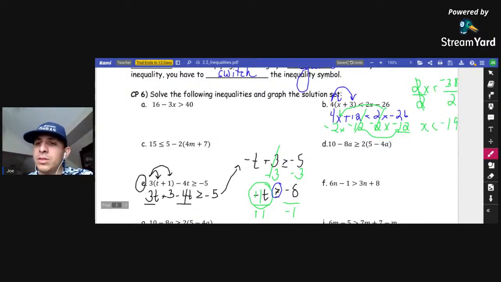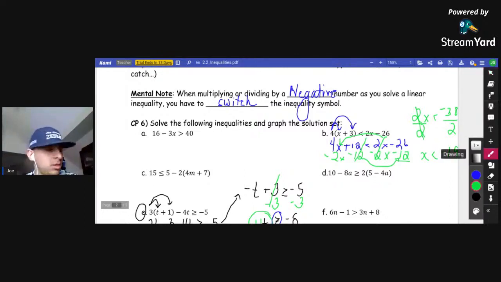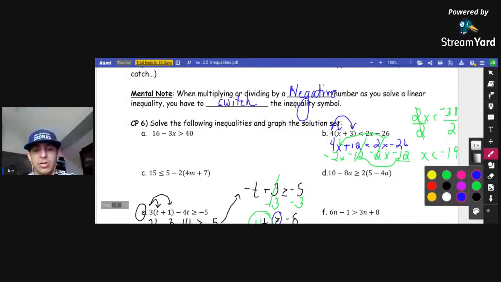Now, you might be sitting there wondering, but Joe, didn't you say that we have to flip the inequality symbol when we have a negative? No, that's actually not what I said. I said when multiplying or dividing by a negative. That's 2 different types of sentences, okay? Just because we have a negative, we had a negative 38, but that was not what we were multiplying or dividing by. It's whatever is doing the operation.